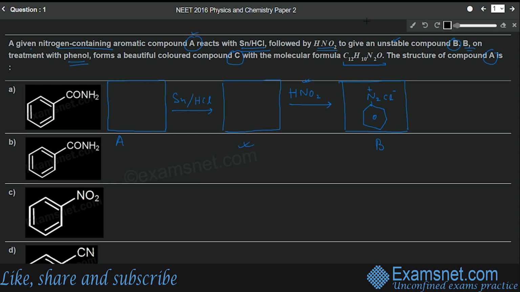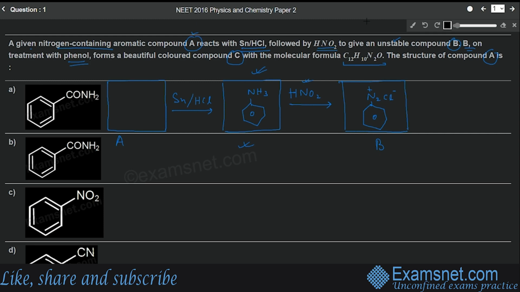And how is this diazonium salt formed? We know that it is formed by the reaction of a primary amine with nitrous acid, right? That means this intermediate compound should be a primary amine, and since it is given that the compound was aromatic, this primary amine will be aniline. So aniline on reaction with HNO2, that is nitrous acid, will form the diazonium salt.